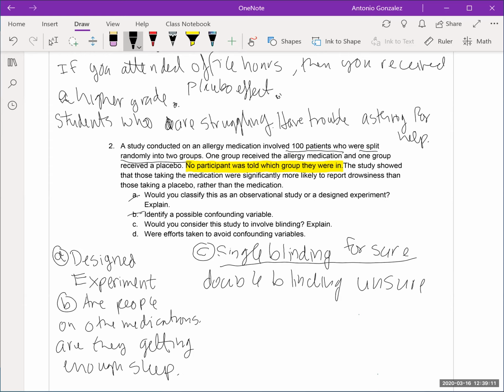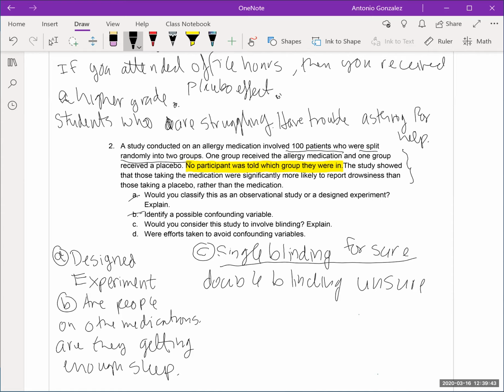It's unsure because all I have to go off is what's given to me in this problem here. So here it says no one was told which group they were in. Again, it's unclear if by no one we mean the researchers or not the researchers, but definitely the participants for sure. No participant was told, so I'm assuming that means the 100 patients who are taking the medicine.